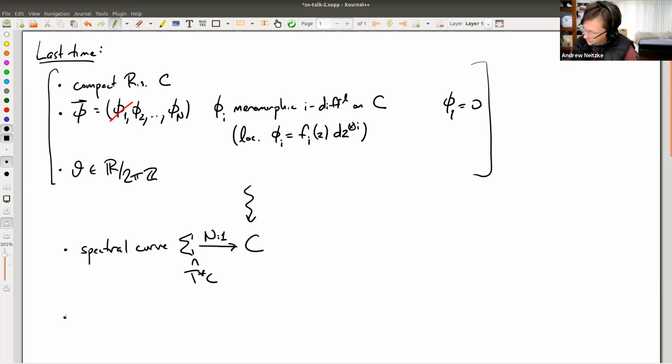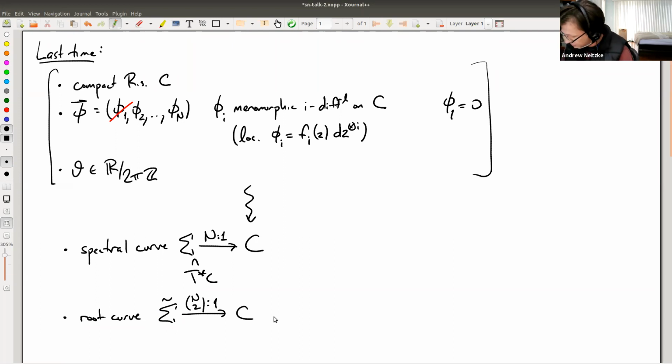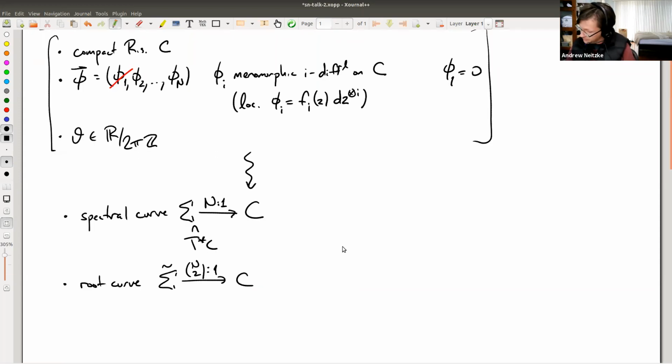We produced this auxiliary curve, which I called the root curve, sigma twiddle, covering C, which was an n choose 2 to 1 covering. Essentially a sheet of the root curve was just a choice of 2 sheets of the spectral curve.